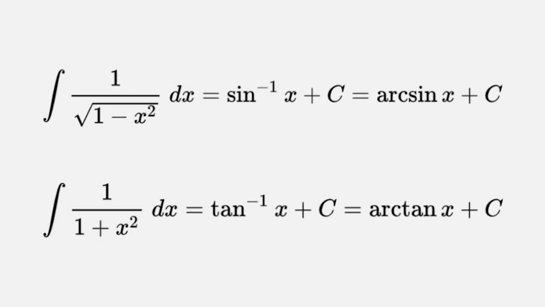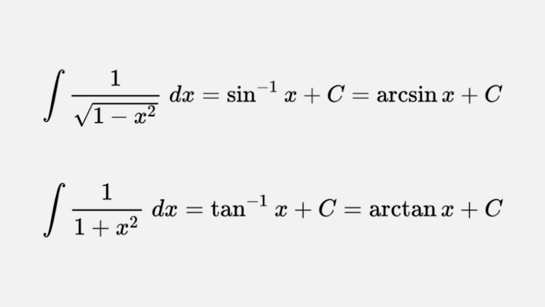And finally in this video, I want to remind you of the inverse trigonometric functions. The derivative of sine inverse of x was 1 over the square root of 1 minus x squared. And so if you have the indefinite integral of 1 divided by the square root of 1 minus x squared, that is sine inverse of x plus c.